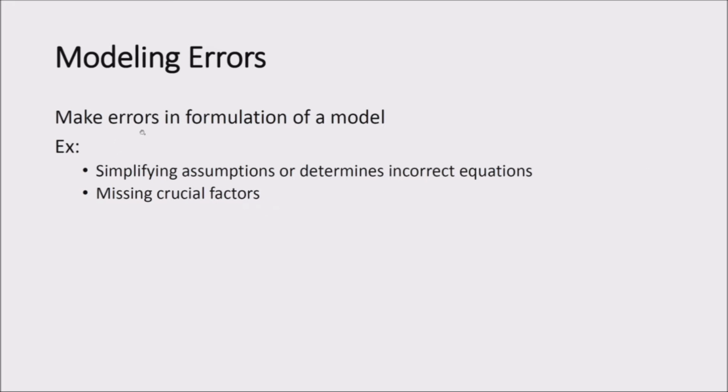Okay, so before I move forward, I'd like to address a few things. This is about making errors in a formulation model. Simplifying assumptions or determining incorrect equations can cause a problem. So this is actually human error. We miss crucial factors in modeling, or we don't make the right assumptions, or we determine the incorrect equations.